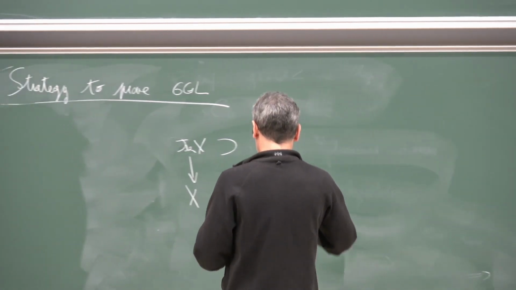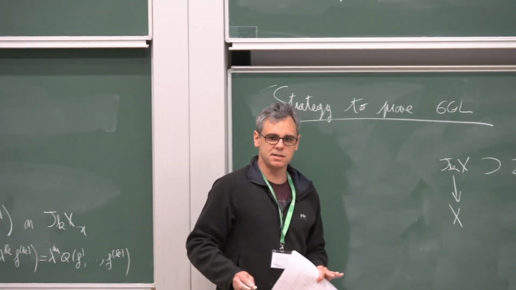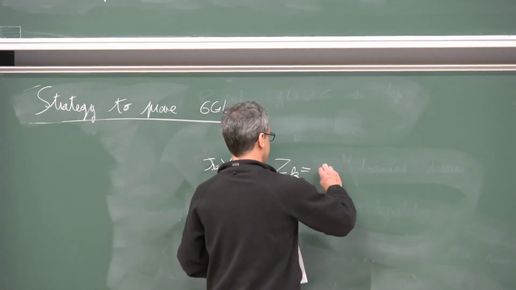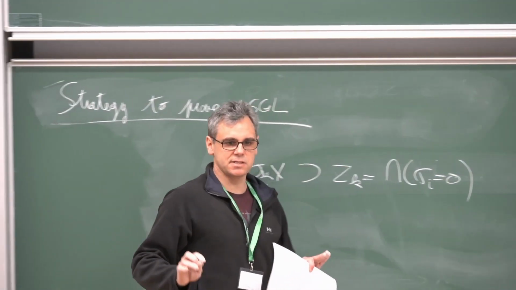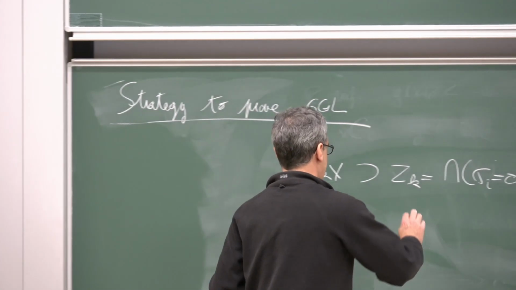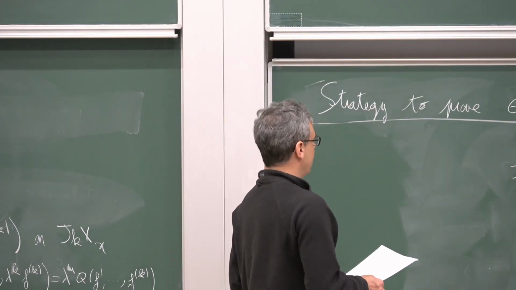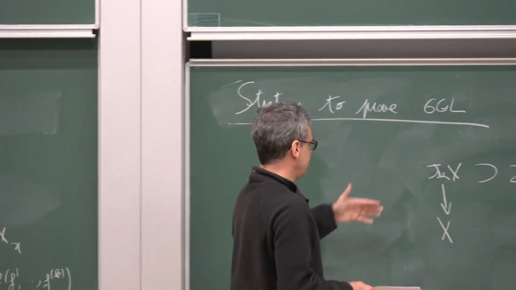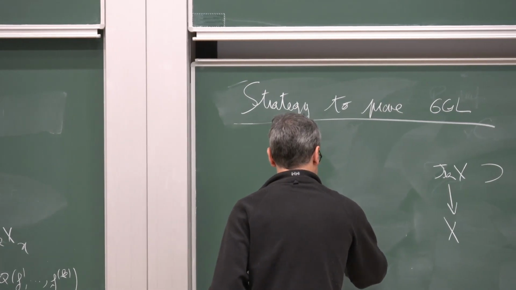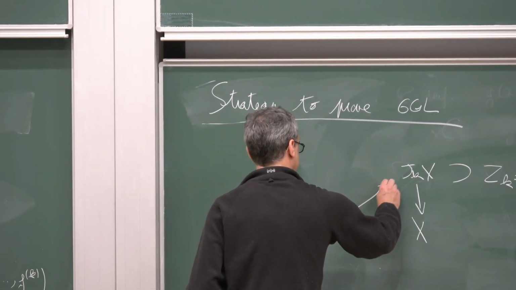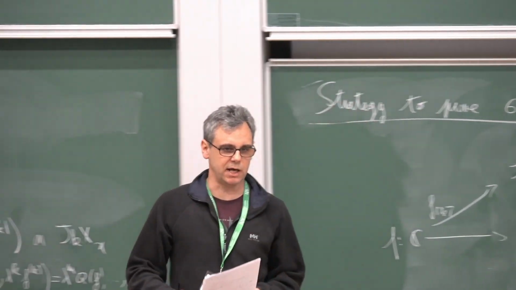Anyway, inside these jet spaces, you have a collection of all these sections. You take the zero set, you take the intersection over all n. And the statement tells you that your entire curve has to lie inside this.